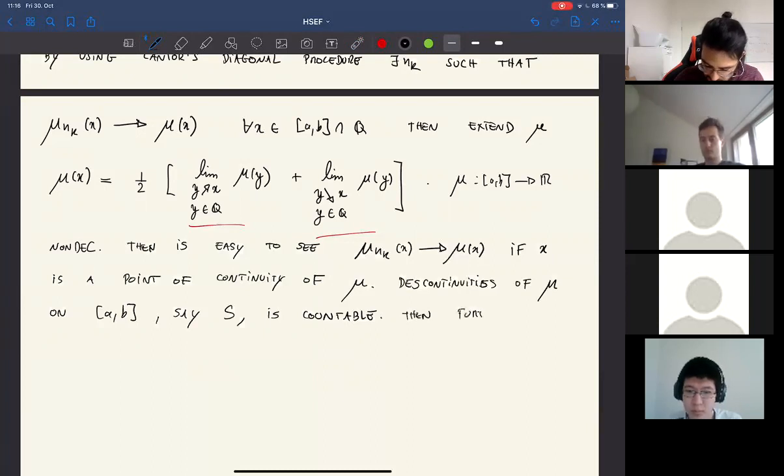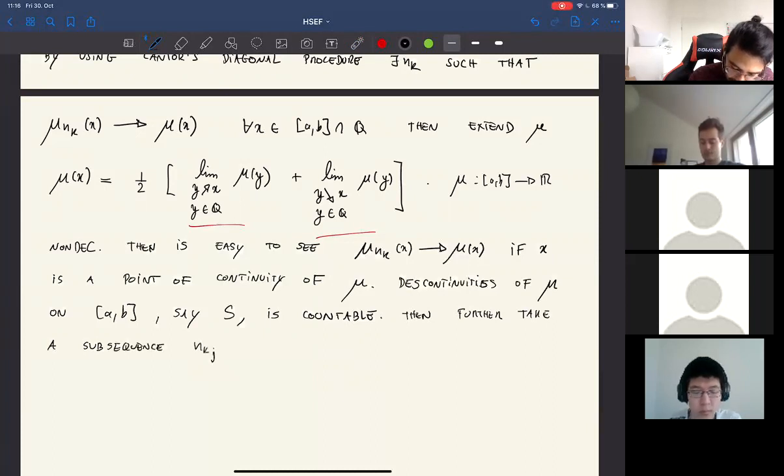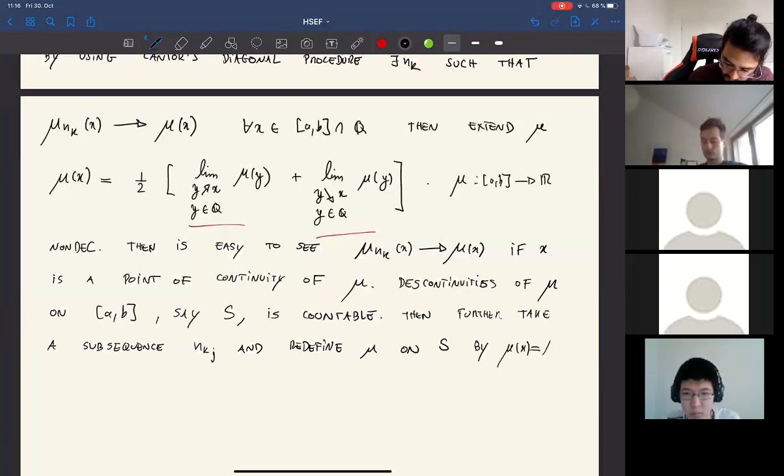So then further take a subsequence, let's say n_{k_j}, and redefine mu on S by mu(x) equals the limit of mu_{n_{k_j}}(x), and show that everything is still consistent.